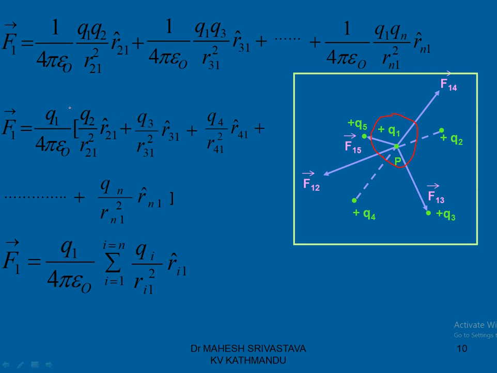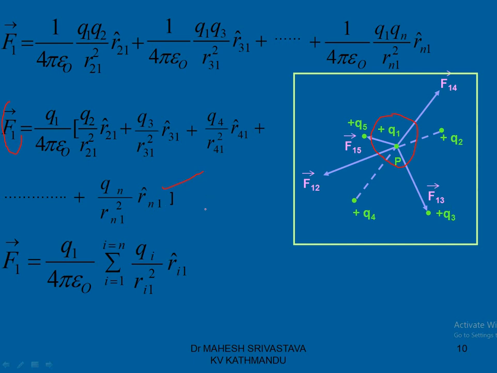Then the expression becomes F1 vector equal to Q1 upon 4 pi epsilon naught within bracket Q2 upon r21 square r21 cap plus Q3 upon r31 square r31 cap and so on Qn upon rn1 square rn1 cap.